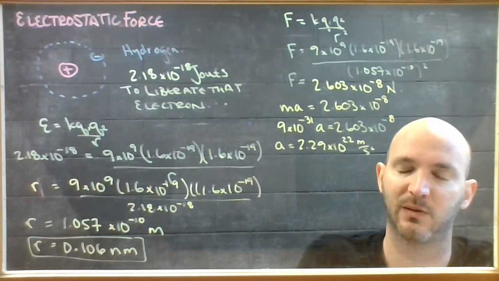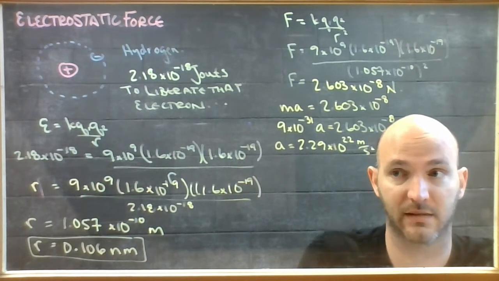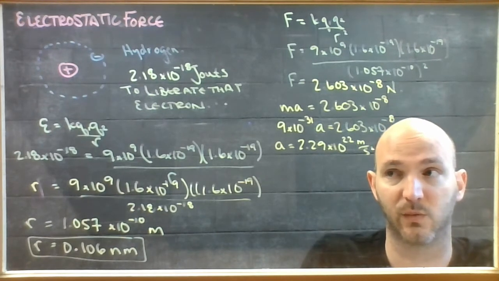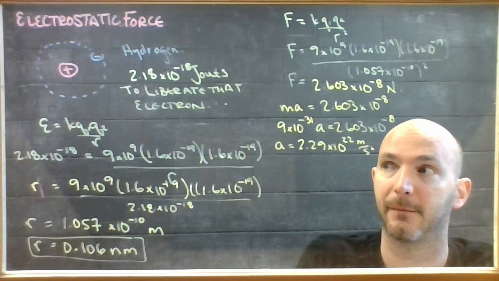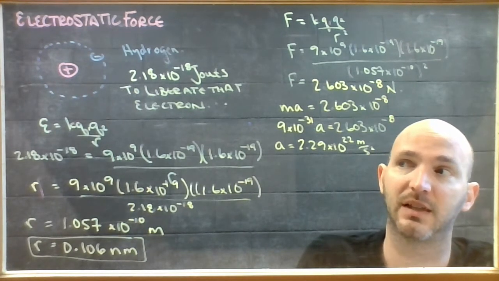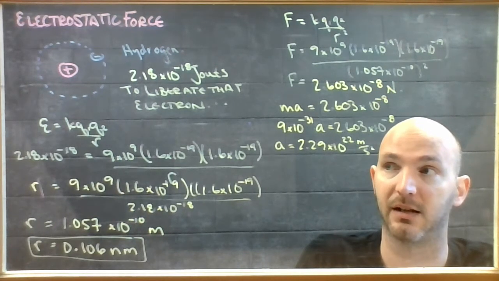So in 1 over 10 to the 16 seconds, this kind of acceleration would bring that electron up to the speed of light. That's pretty close to instantaneously. So the electron and the proton are really throwing each other around down there.